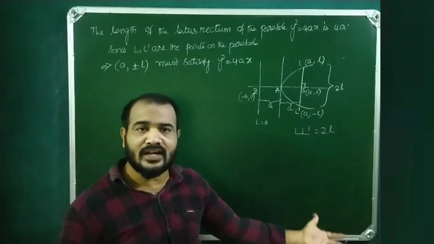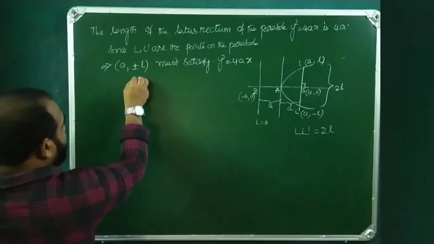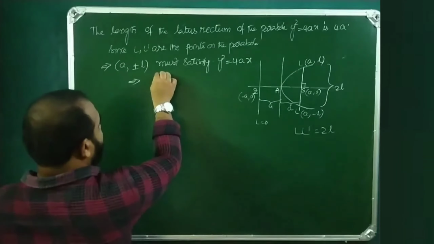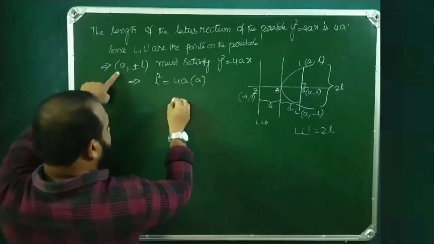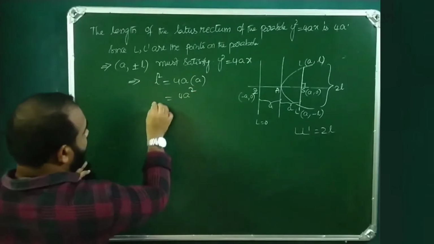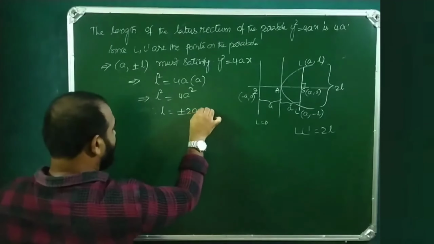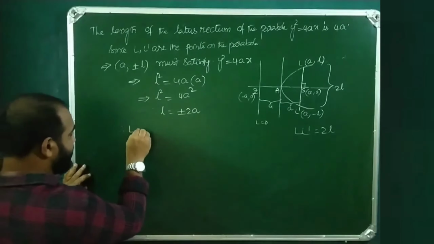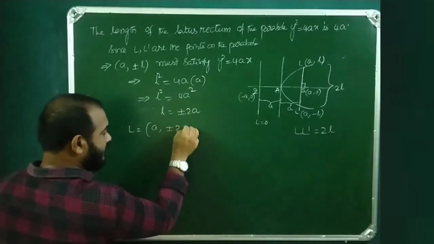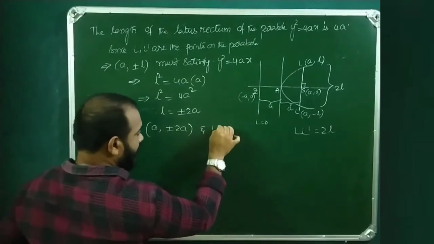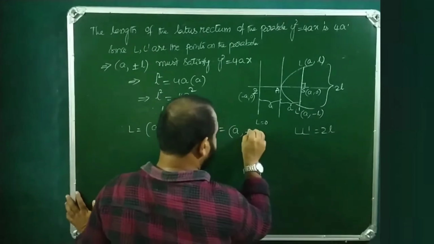Therefore, the points must satisfy the equation of the parabola. So y square here is L square equals 4a times x, and what is x here? a. So this is 4a square. L square equals 4a square. Therefore, L equals plus or minus 2a. So L is (a, 2a) and L dash is (a, minus 2a).